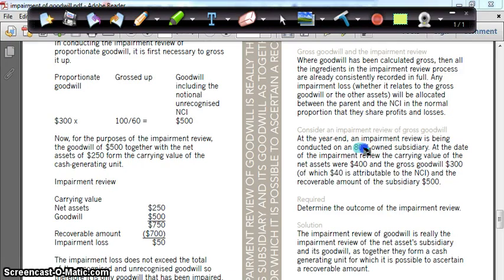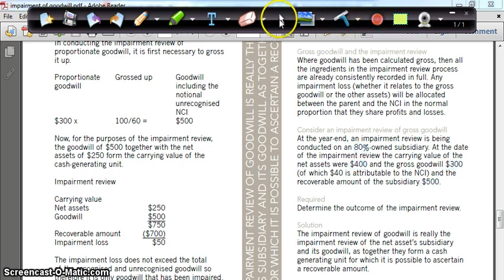So there's an 80% owned subsidiary in this point, and at the date of the impairment, the carrying value was $400 and the gross goodwill is $300, and they split it, with $40 being attributable to the non-controlling interest. And then the recoverable amount, which is what you're comparing it to, is the $500.